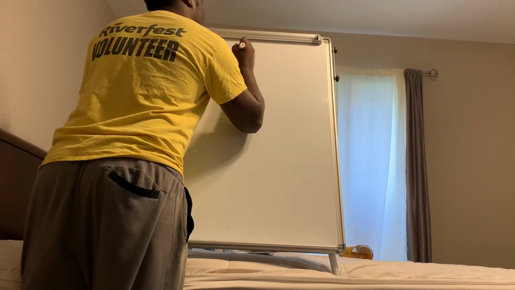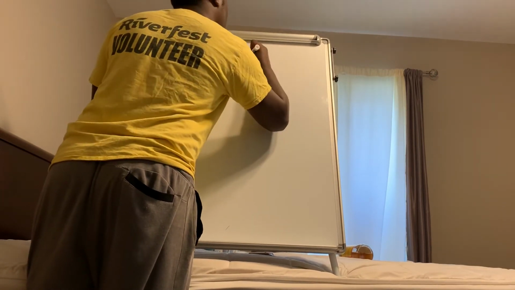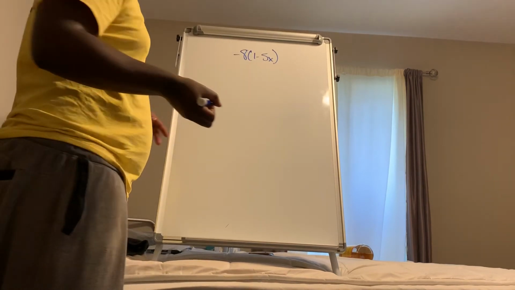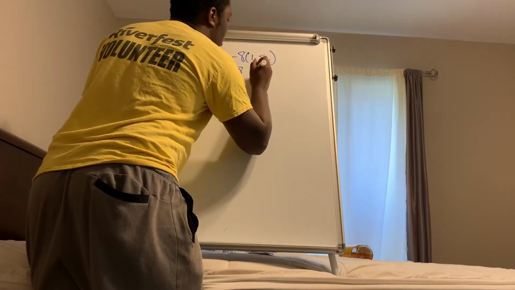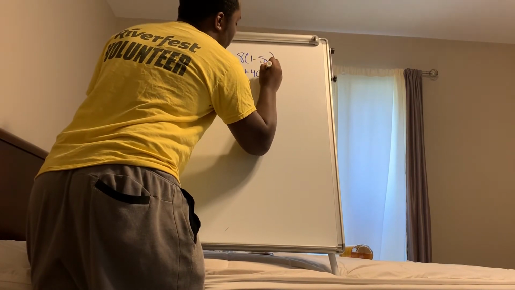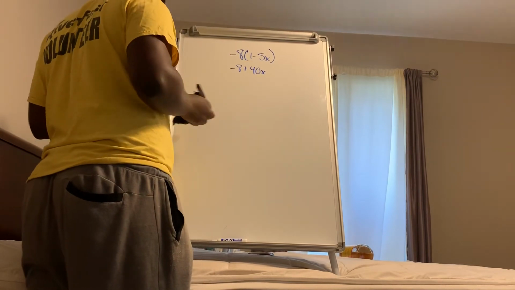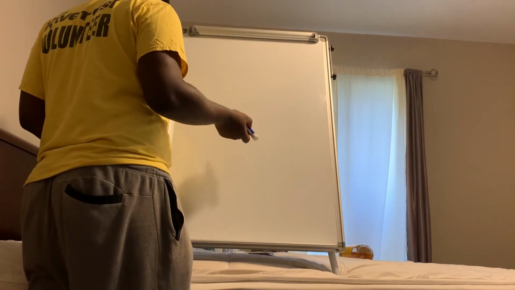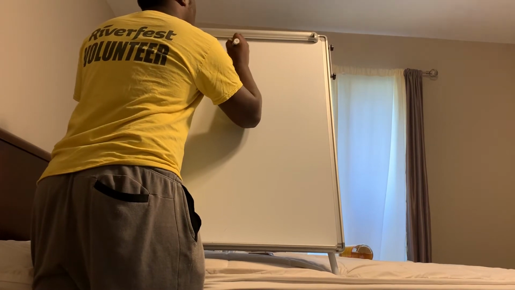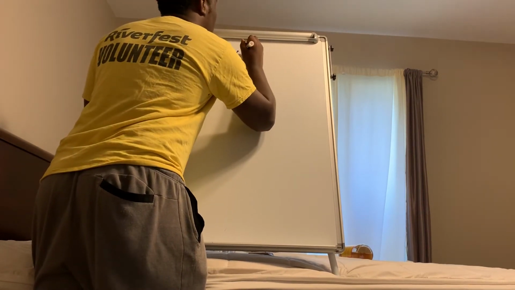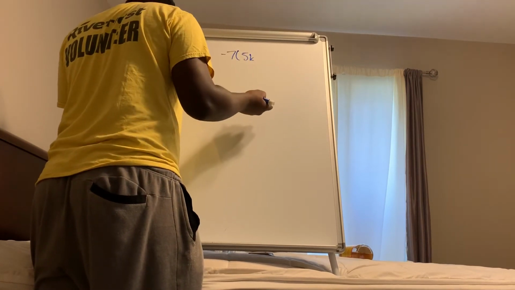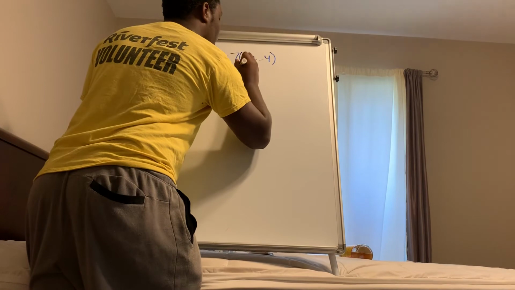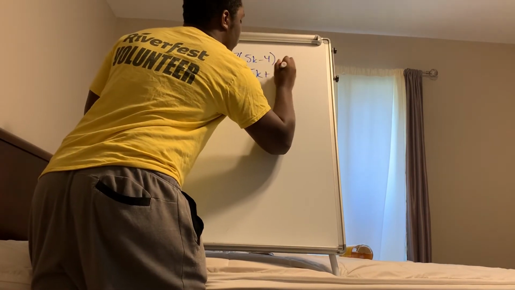Next we have -8 times 1 minus 5x. Distributive property, -8 plus 40x. -7 times 5k minus 4. Distributive, we have -35k plus 28.